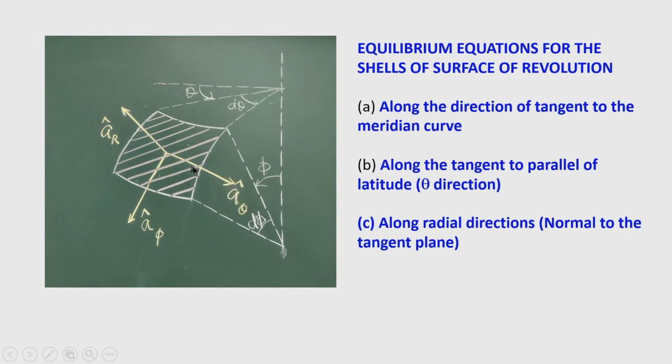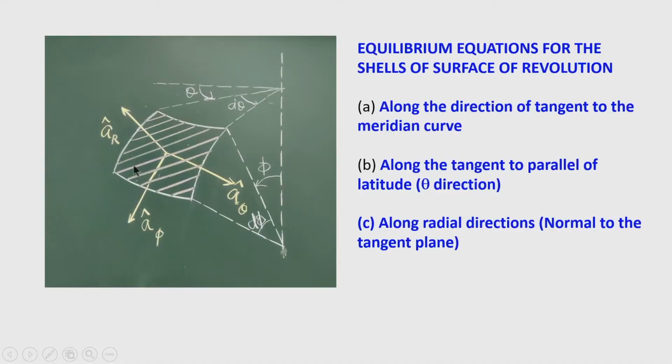So, a theta is the unit vector along the circumferential direction, which we generally call the theta direction, and a phi is the unit vector along the meridional direction. In a similar way, the vector a r is the unit vector along the radial direction. Unit vector means their directions are shown along the respective axes, but the magnitude is 1.